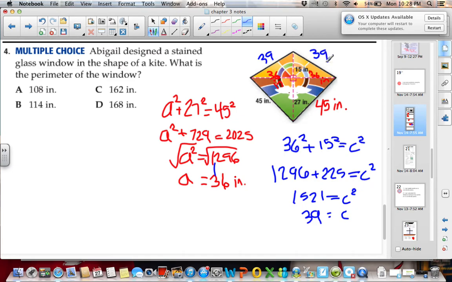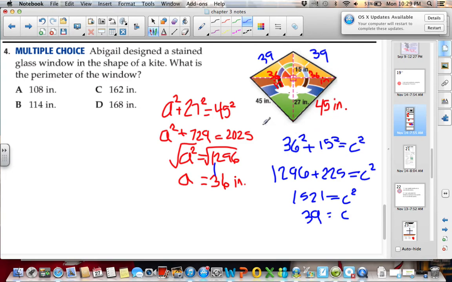Then I go back and I reread the question and ask if I'm done. What is the perimeter of the window? Oh yeah, I have one more step. Now I need to add up all of my sides because remember the perimeter is the length all around an object.